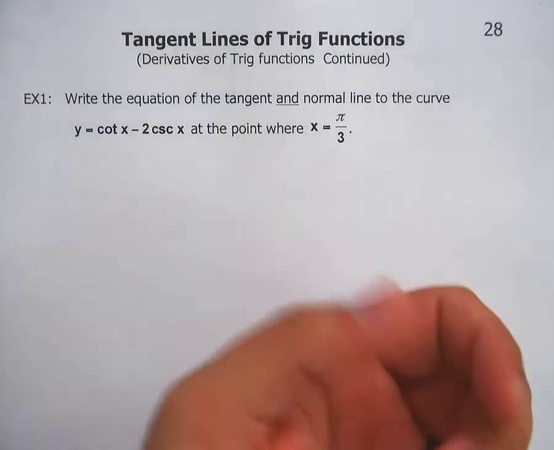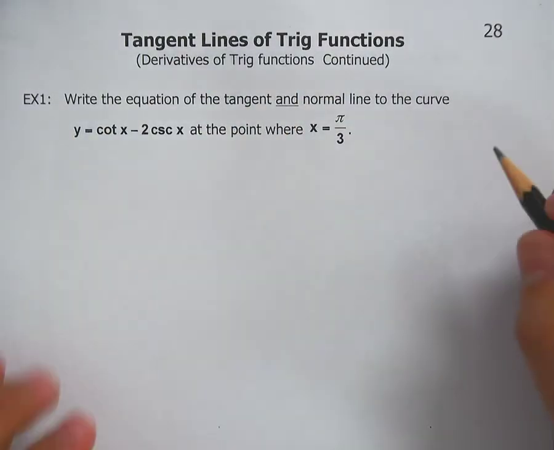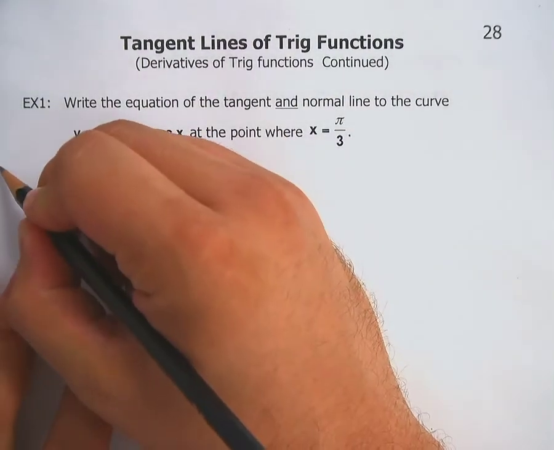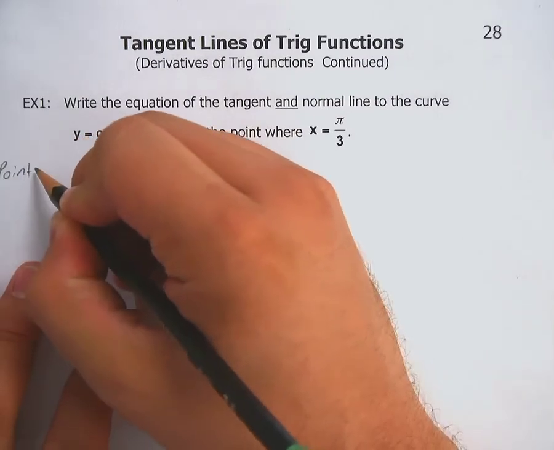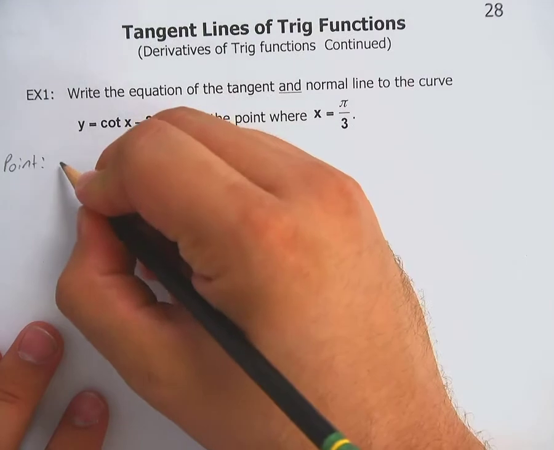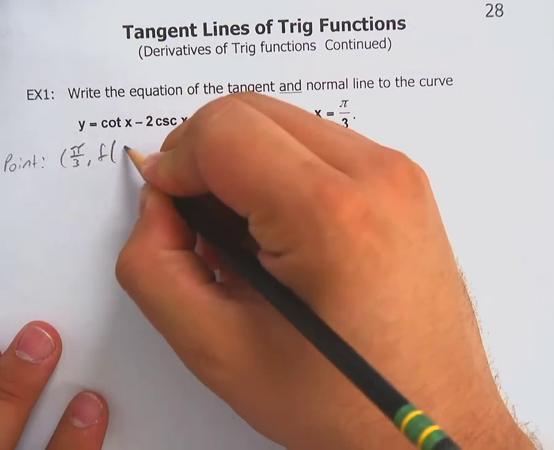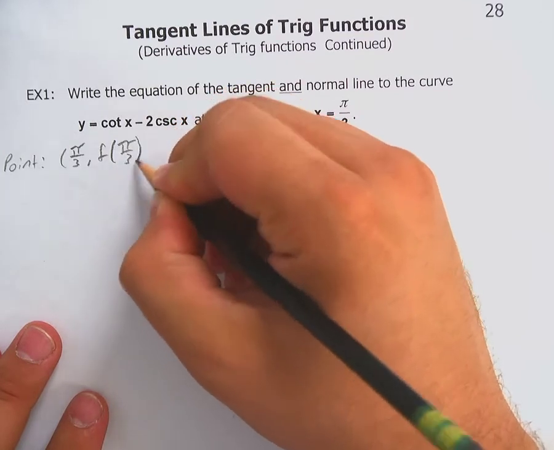I've got an equation here. y is cotangent of x minus 2 cosecant of x. And to find your point, let me write a few things down here. Your point is going to come from pi over 3 comma f of pi over 3.